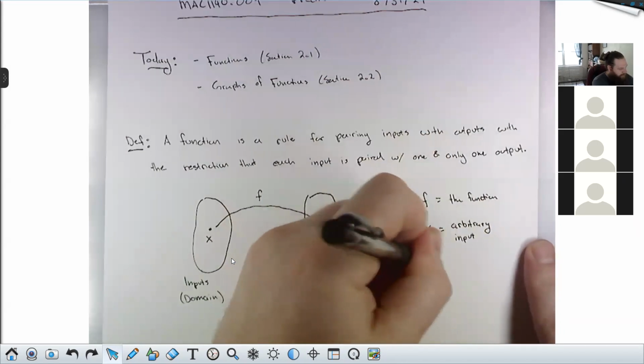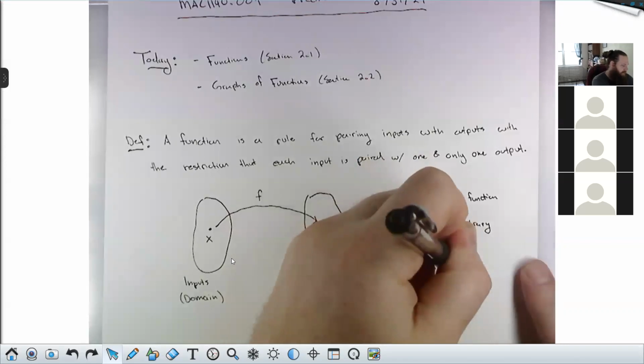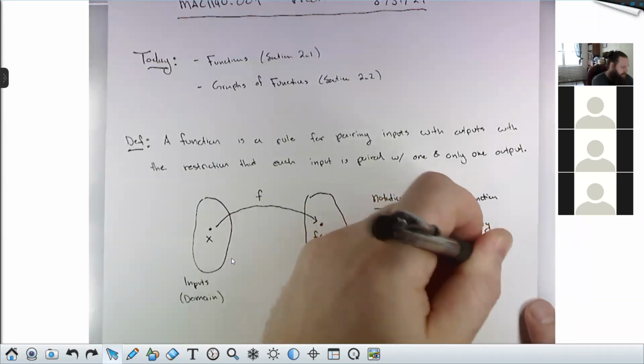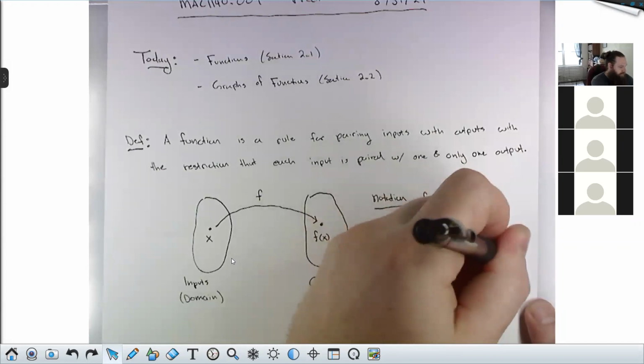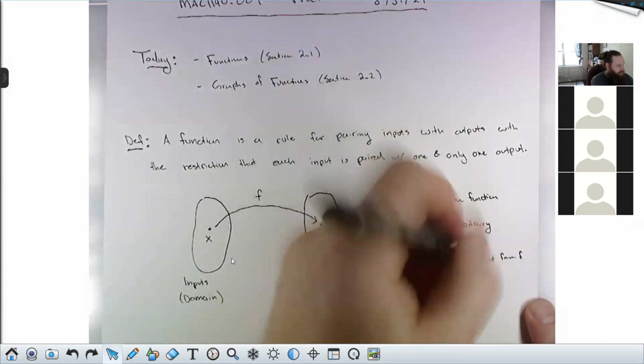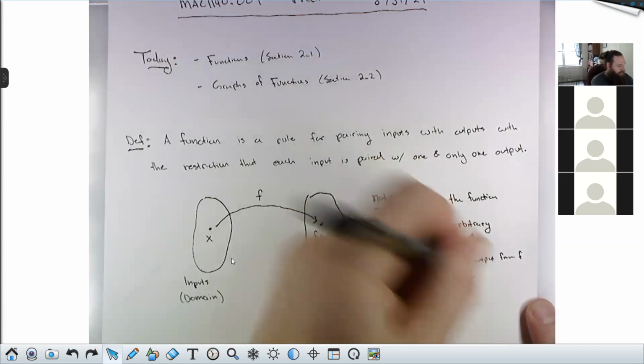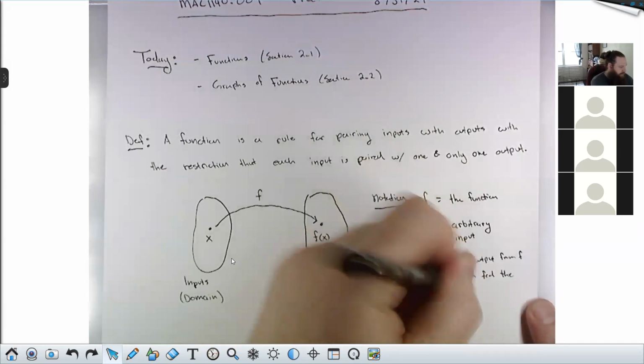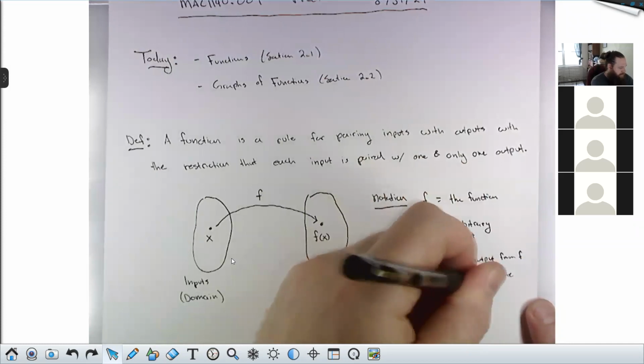And f of x is the output from f when fed the input x.